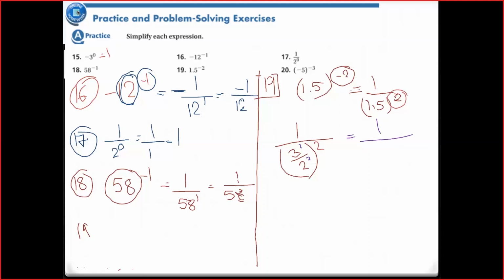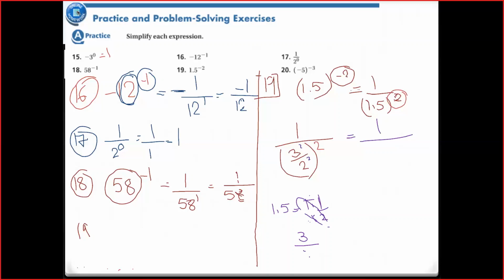1.5. It's like what? 1.5. Is it right? Okay, how can you write this improper fraction as a mixed number, or this mixed number as a fraction? 2 multiplied by 1 plus 1, exactly, 3.